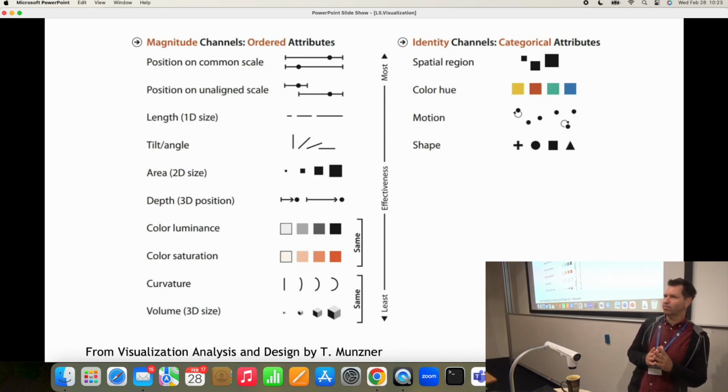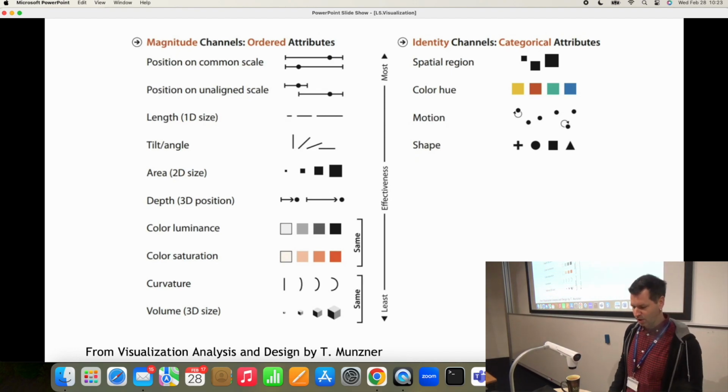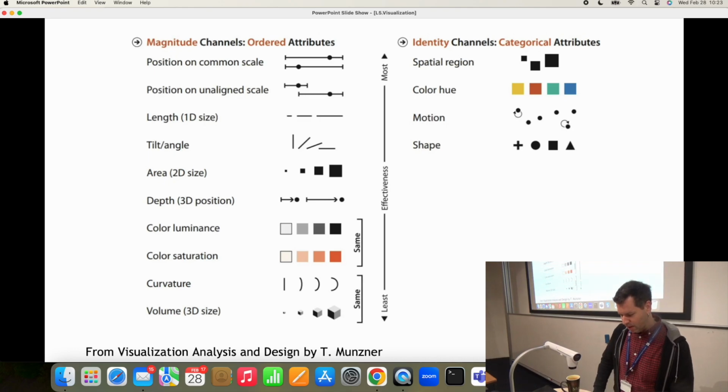Which one is more effective at encoding data or representing data? So this is trying to rank those channels, right? So position is ranked very high. If you're trying to choose how to encode some data, position on a scale is ranked very high, very effective. On an unaligned scale is also very effective. Length is very effective.